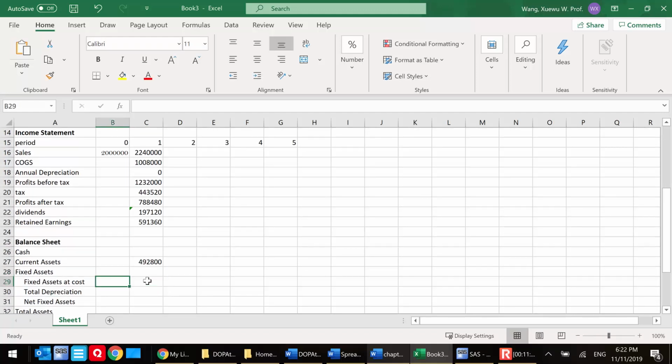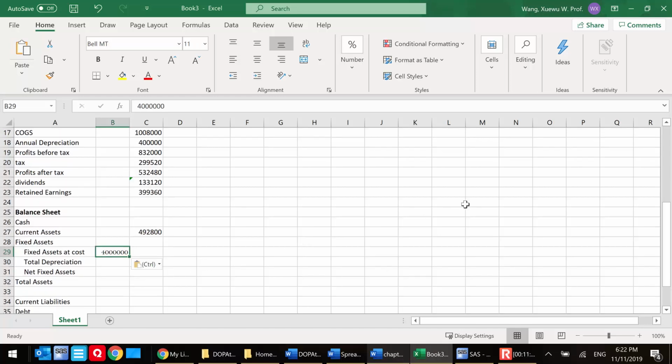Now the fixed assets at cost. This is actually given, so I need to go to my Word document or question and copy those numbers. The fixed assets at cost is this number here, for year 0. The total depreciation is this number here.